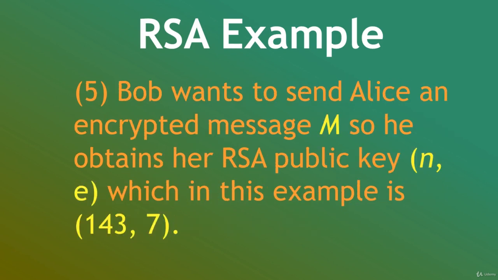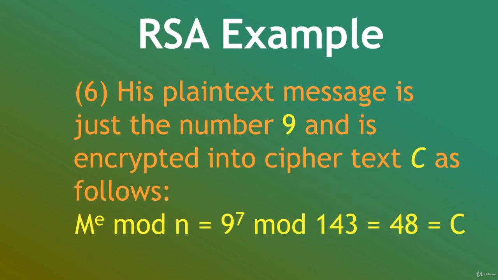Next, Bob wants to send Alice an encrypted message, M, so he obtains her RSA public key, n, e, which in this example is 143 and 7. His plaintext message is just the number 9 and is encrypted into ciphertext, C, as follows.